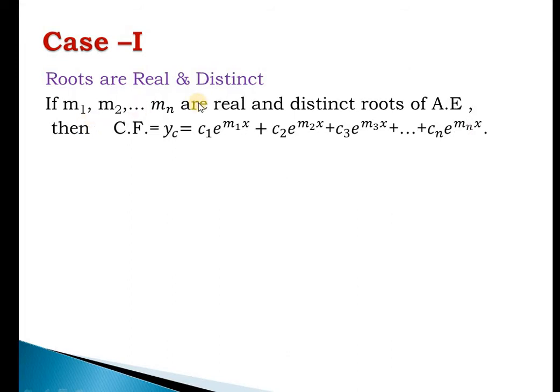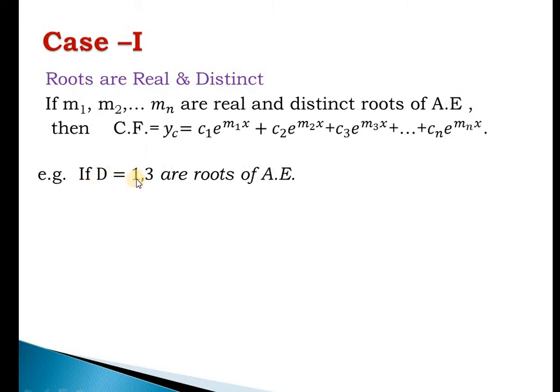So if there are n real roots, then its complementary function contains n arbitrary constants c1, c2, ..., cn, with the exponentials e raised to m1 times x, e raised to m2 times x, and so on.